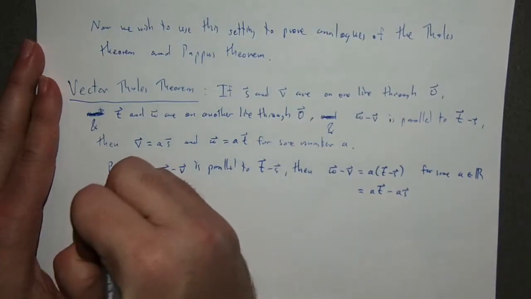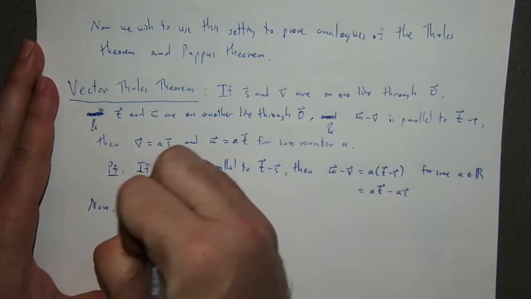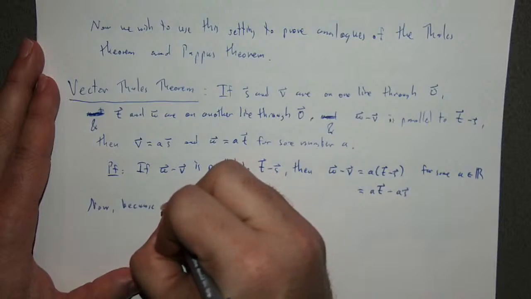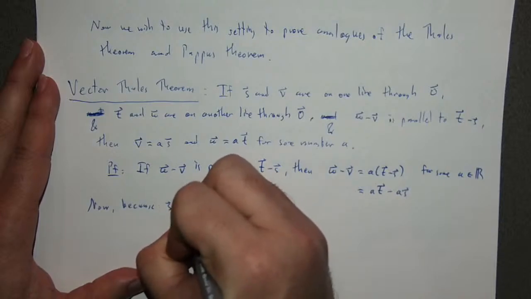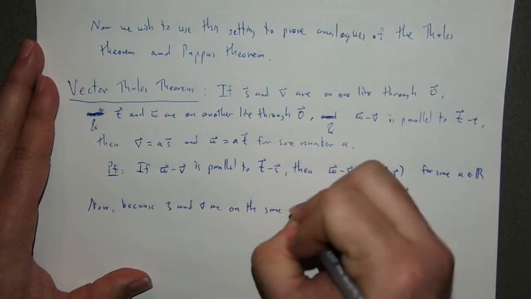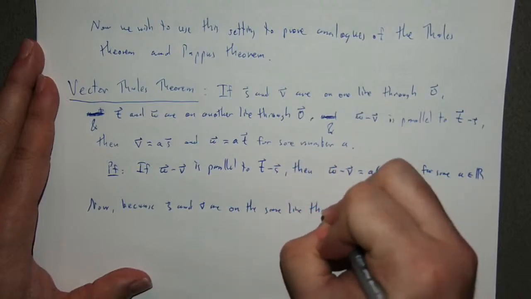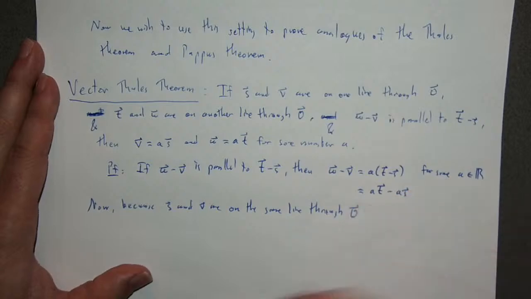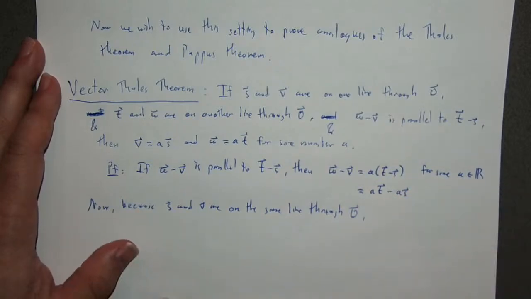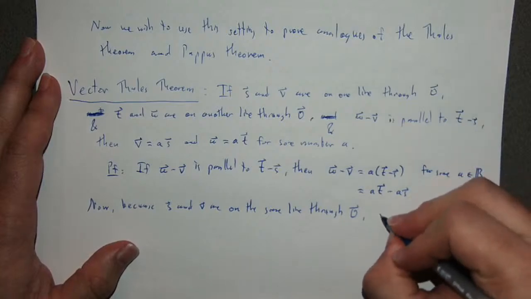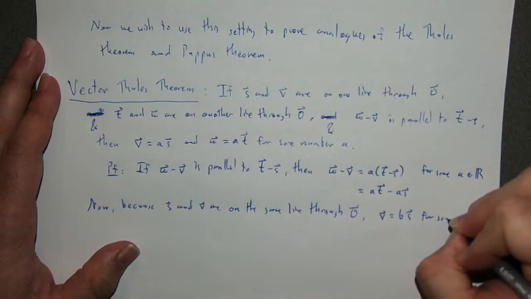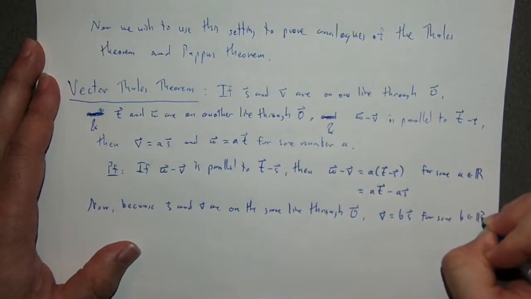Now, because S and V are on the same line through 0, V is equal to BS for some real number B. They're scalar multiples, right?